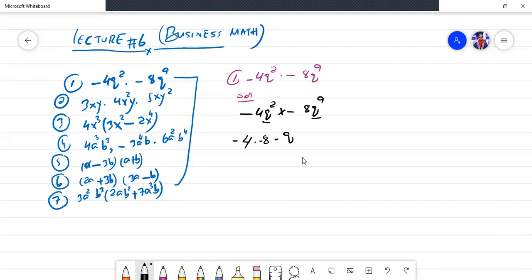And what are the exponents? This one is 2, plus 9, and this is the 9 here. Okay, so it is done. Good, excellent. The solution of the powers is so simple.